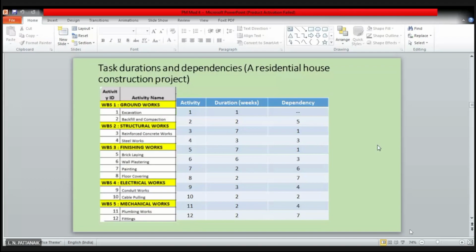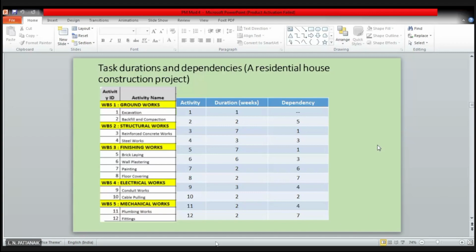Similarly, you have divided the structural works into reinforced concrete works, right? The preparation of the RCC structure, the roof, or maybe at the lintel level, and all those things that come under the structural works, even the steel works.